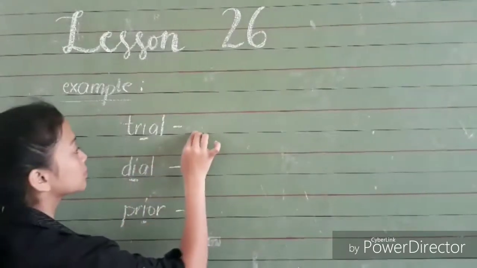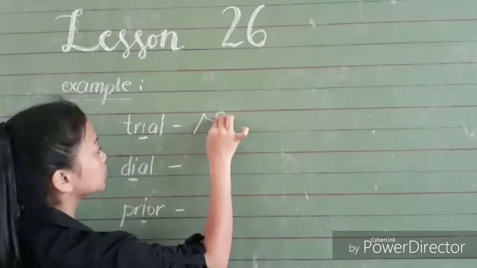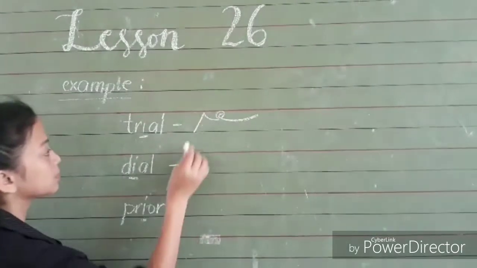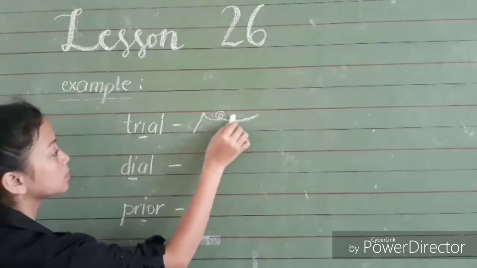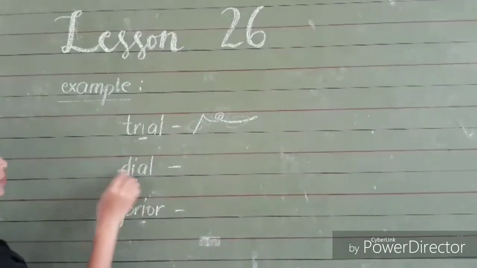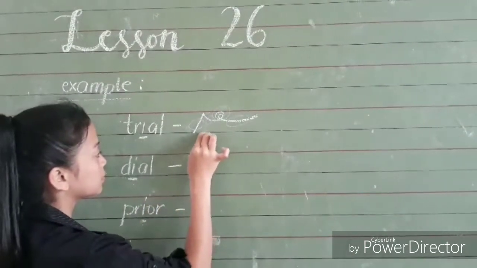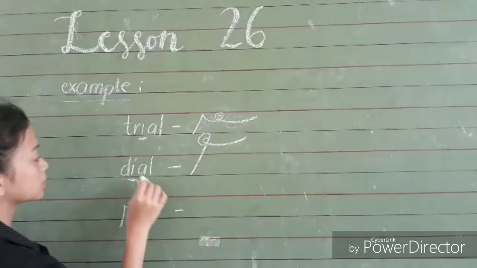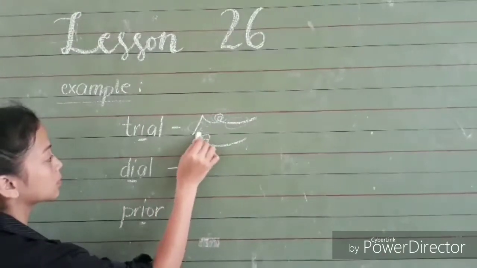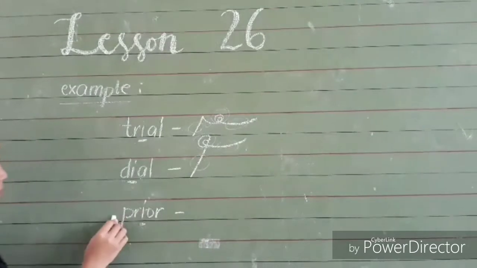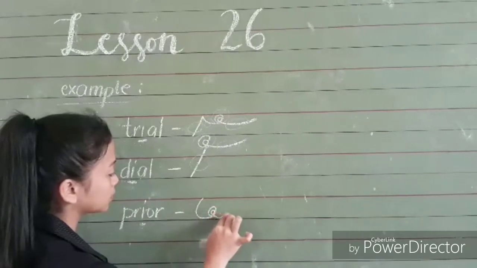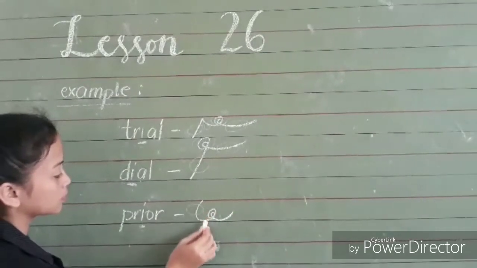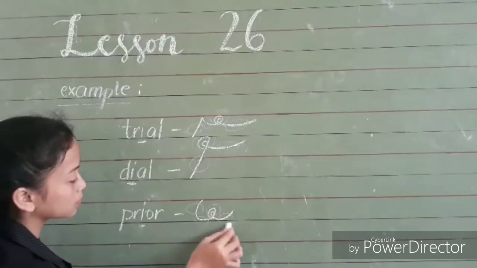For trial, it is written as, wherein it is represented as T, R, long I, and L. For dial, it is written as represented by D, long I, and L. And last is for prior, which is represented by P, R, long I, and R.